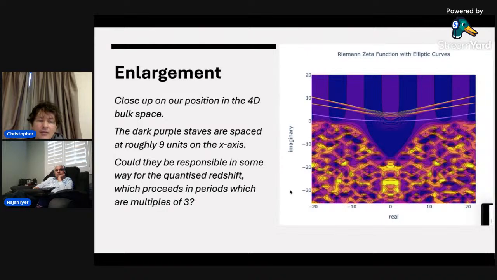Then we ask if they could be responsible in some way for quantized redshift, which is periodic, also called periodic redshift, which proceeds in roughly multiples of 3. I think it's like 0.3. There are different ways of calculating that. So there might be some relationship there.